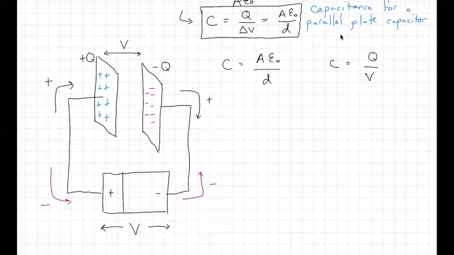So you can shove more charge onto each plate. So if A goes up, capacitance goes up, and charge goes up. This is because you can shove more charge into more space on the plates.